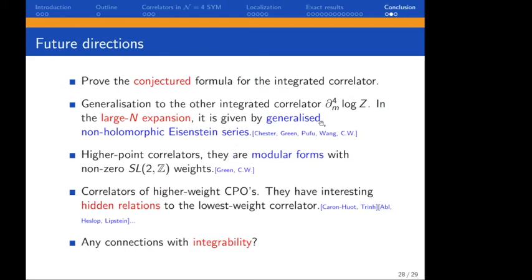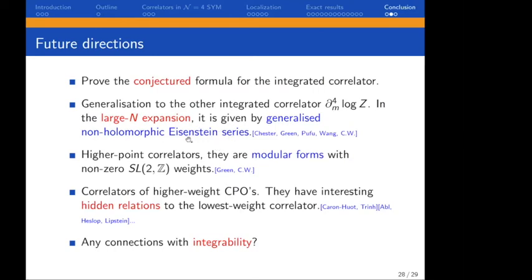Another probably interesting direction. Here we just talked about the 4-point correlator. It would be interesting to extend this story to higher point correlators, especially those that we call maximally U(1) violating correlators, or other people may call maximally non-planar correlators. Those are objects associated with so-called modular forms.